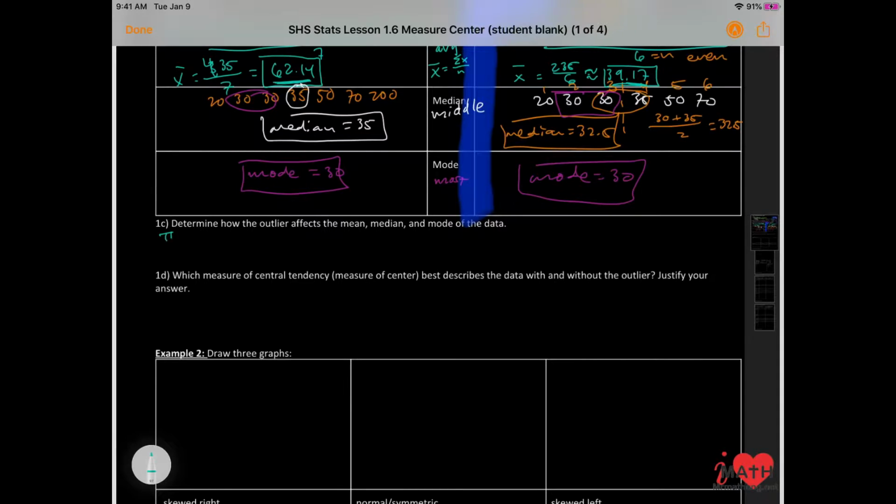The mean, did it go up or down from with the outlier to without it? The mean decreased or went down. So that's a math word that says go down, decreased by 62.14 minus 39.17. I think that gives us around 22.97.